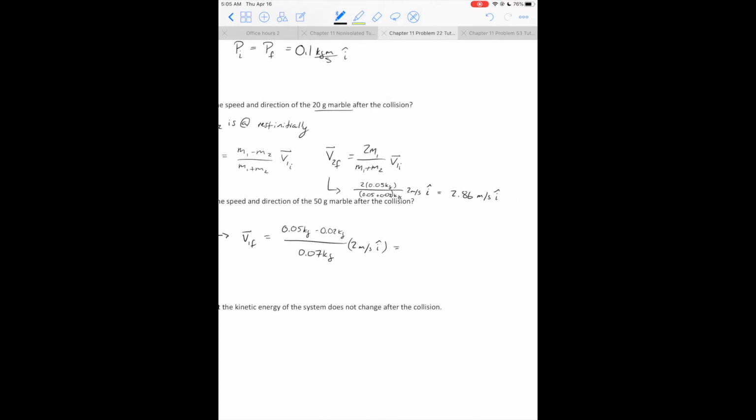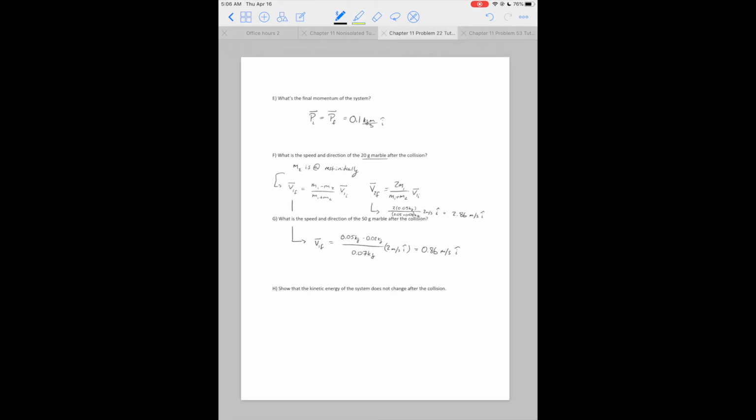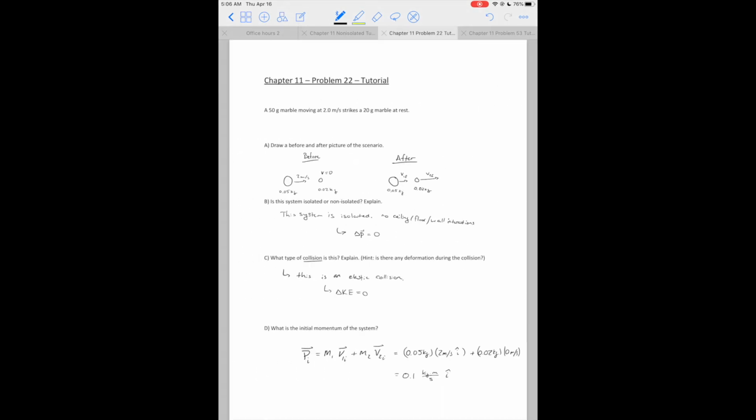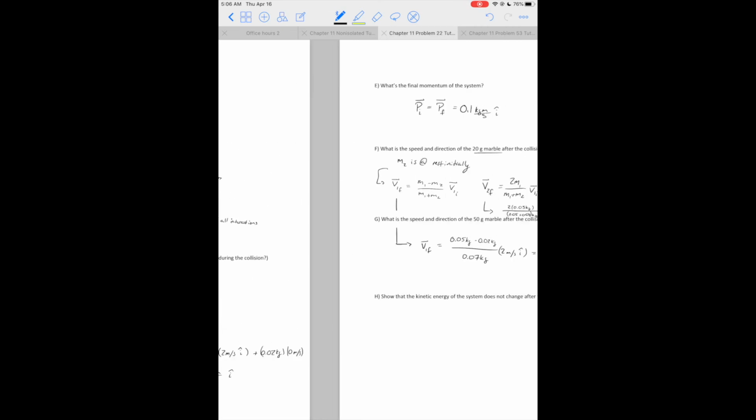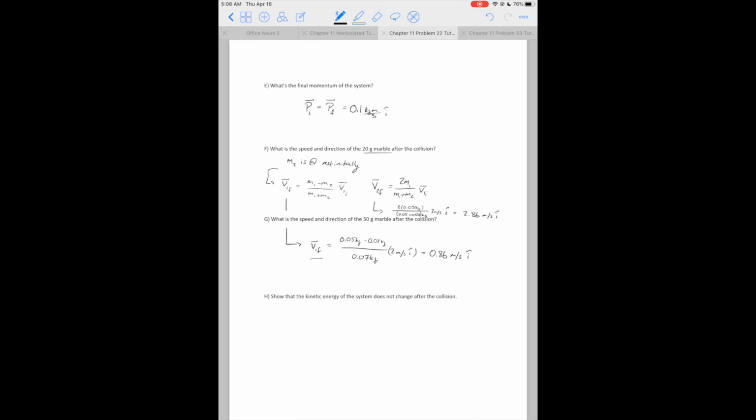And bada boom, what do we get? We get 0.86 meters per second in the positive I-hat direction. So our initial guess as to the after picture of this scenario was correct. Our V1F is still in the direction that V1I was moving in.